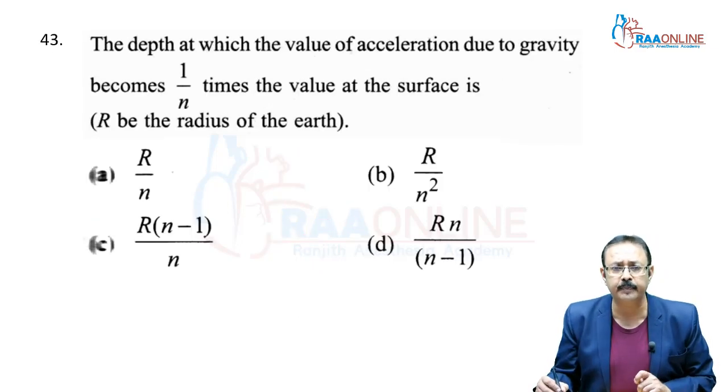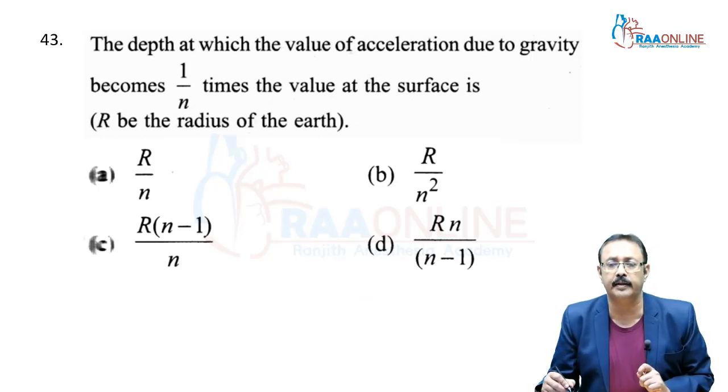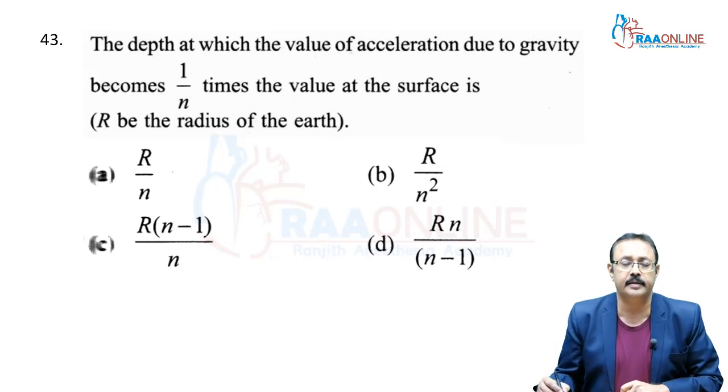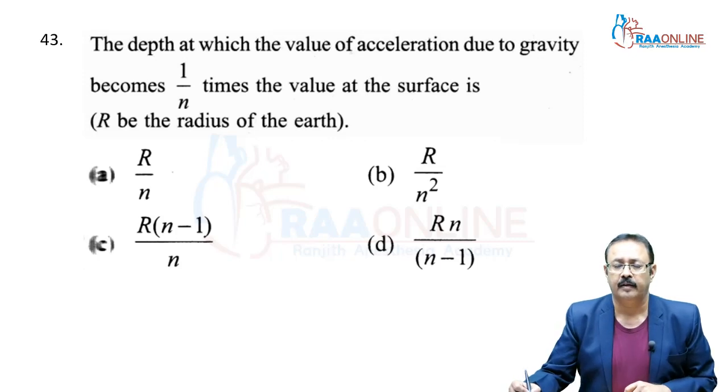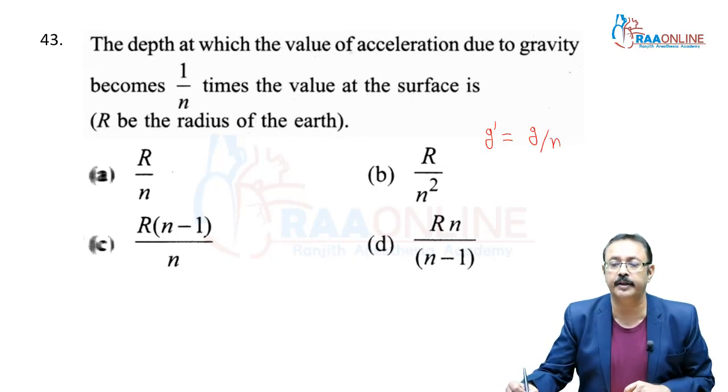Next, the depth at which the value of acceleration due to gravity becomes 1 upon n times the value at the surface is. We know that when we are going in depth, g dash should become g by n, and the formula for g dash is g into (1 minus h upon r).